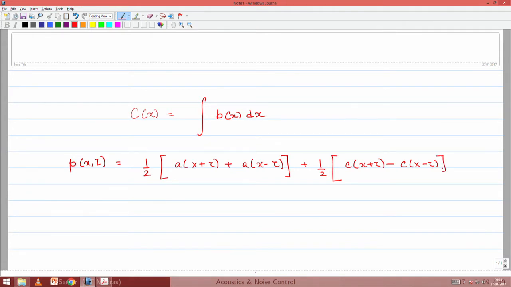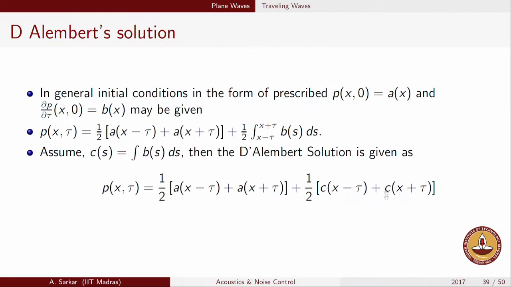So, I will make that correction here in the slide. This part of it is mistaken.